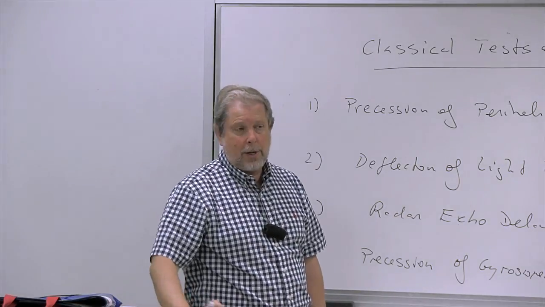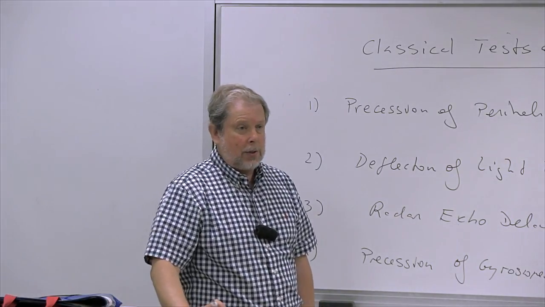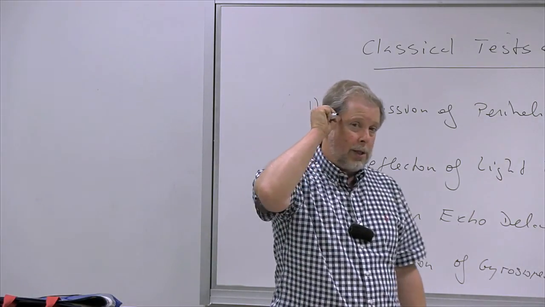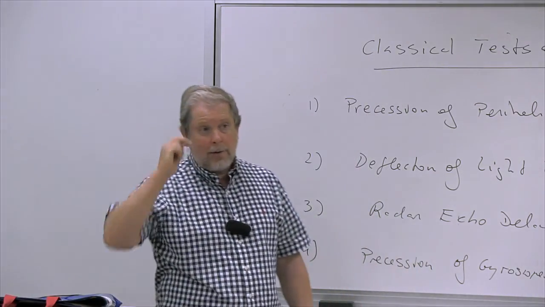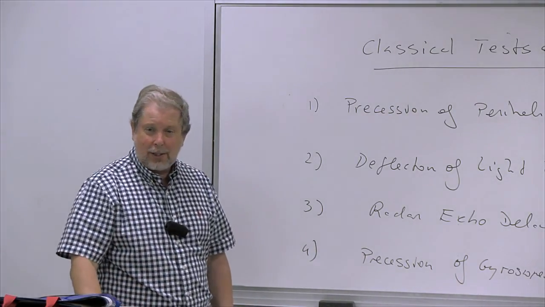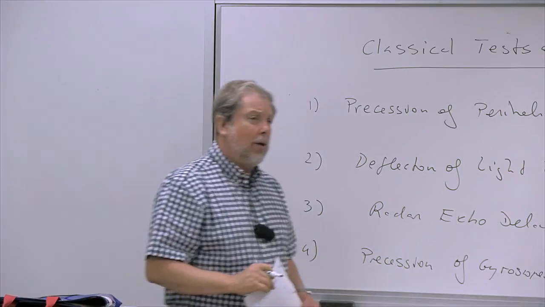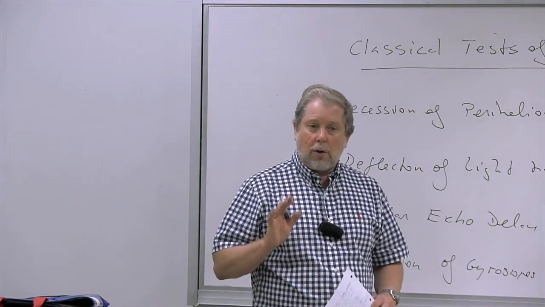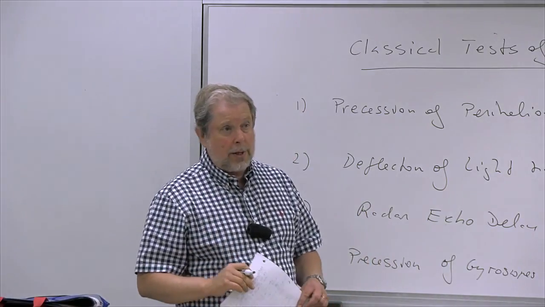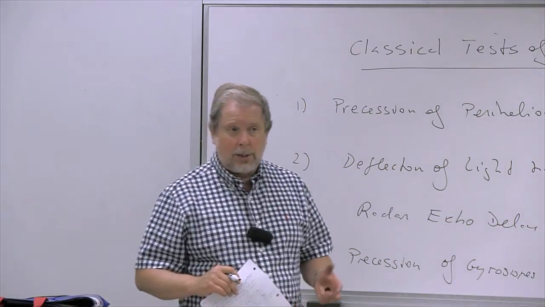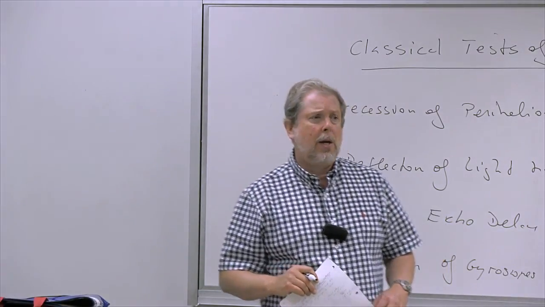General relativity, as I mentioned before, predicts that there are only two helicity states for the graviton, that there are only two polarization states for a gravitational wave. And if you observe three, then that means that it's not quite Einstein's theory. Something else is going on, right? It's like in the case of a photon, if Maxwell's equations are correct, then there are only two transverse polarizations. So if you find a third one, then there's a problem with Maxwell's equations. It means the photon is massive, for example, right?